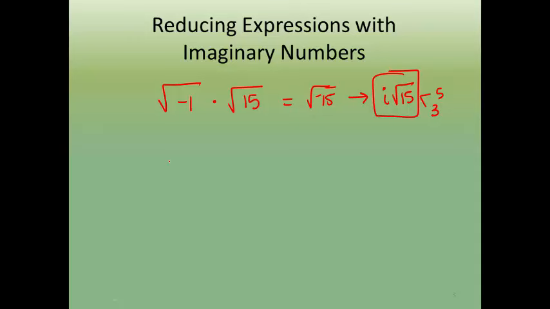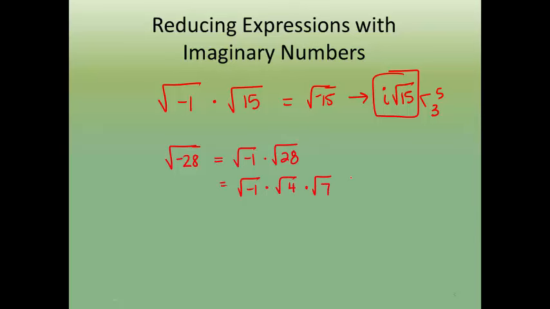So let's just try two more of these where we have to simplify the radical a little bit more. So for example, if I have the square root of negative 28, this means that I have the square root of negative 1 times the square root of 28, which could be written as the square root of negative 1 times the square root of 4 times the square root of 7.